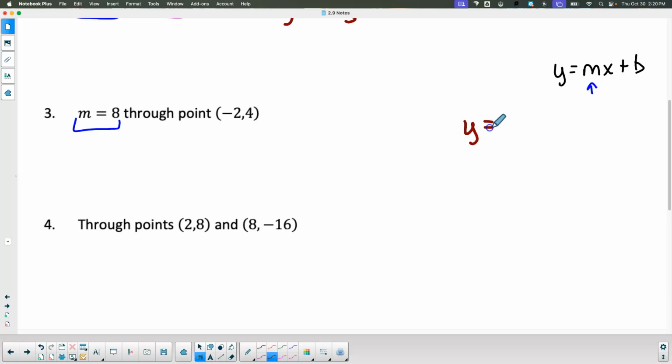But this b part, that's the y-intercept, right? And what form does the y-intercept take? All y-intercepts have the same form.